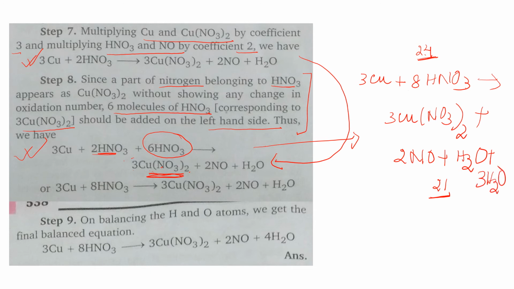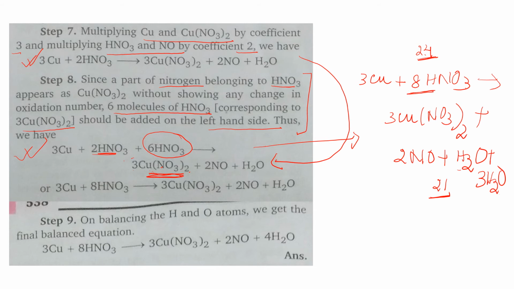Now see for hydrogen. If hydrogen is less on a side, I have to add H plus. Hydrogen on the left hand side is 8. On the right hand side, it is 3 twos are 6 and 2, 8. So hydrogen is balanced and I need not do anything. I have to add only 3H2O on the right hand side.